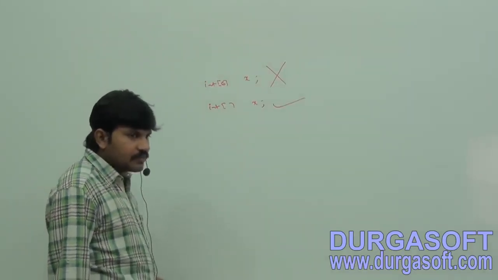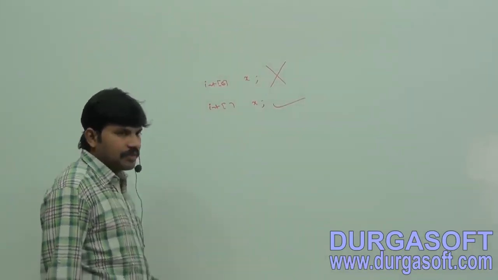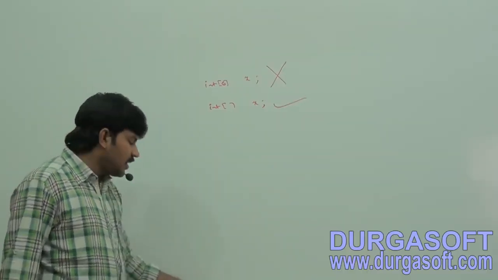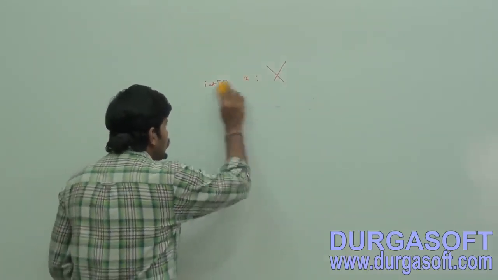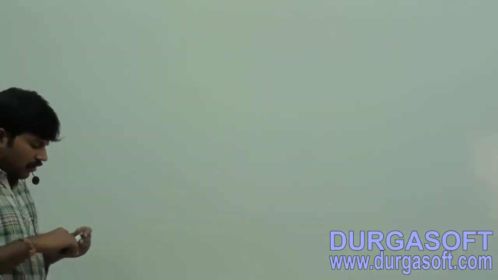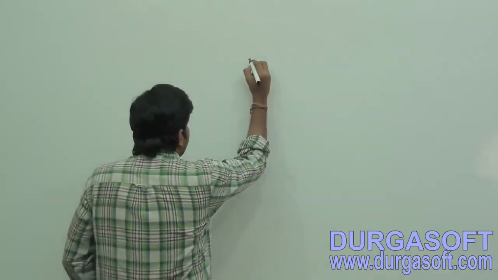Are you getting? Next, two dimensional array declaration. Sir, do you know how we can declare a two-dimensional array? What are the possibilities?